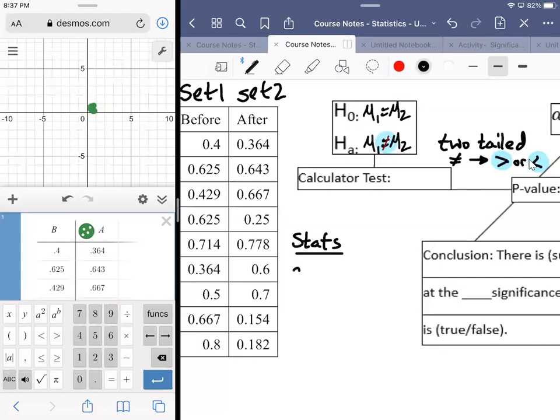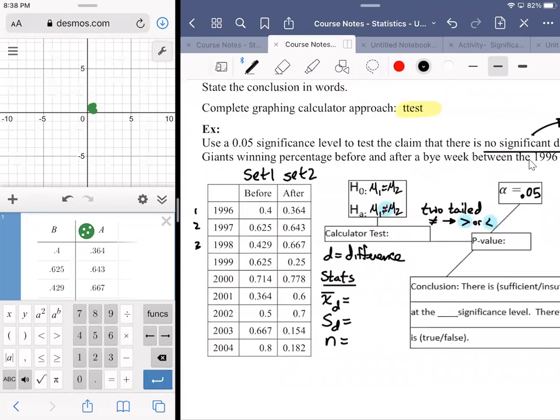We're going to find the sample mean of the difference between the two sets of data, so D for difference, the sample standard deviation for the difference, and then the number of pairs of data. I have 1, 2, 3, 4, 5, 6, 7, 8, 9 pairs of data. So N is going to be 9.